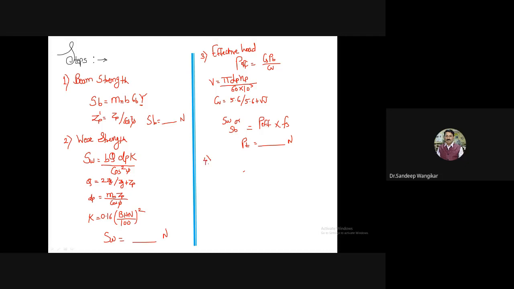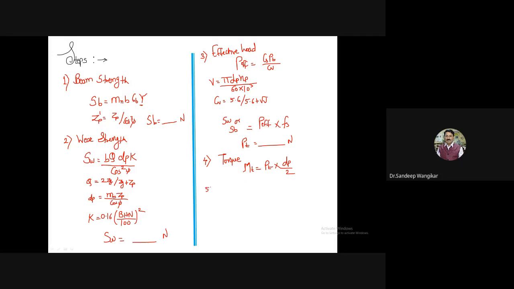And last step, or you can insert one more step: you can calculate the torque transmitted, MT is equal to PT into dp by 2.